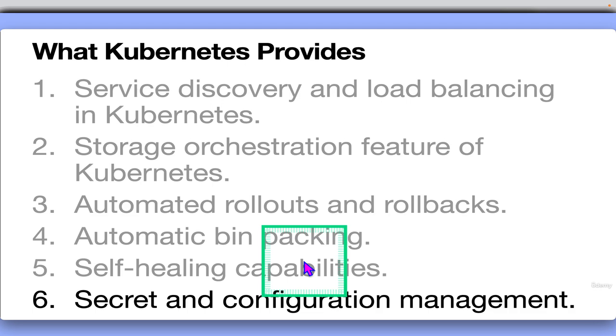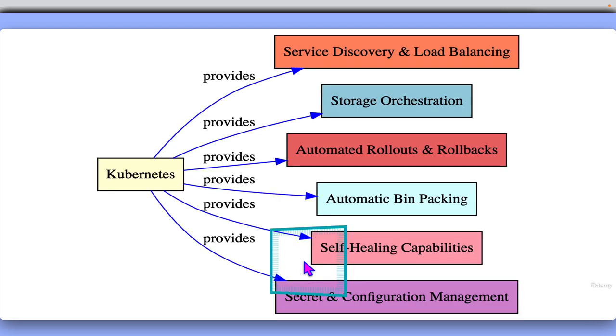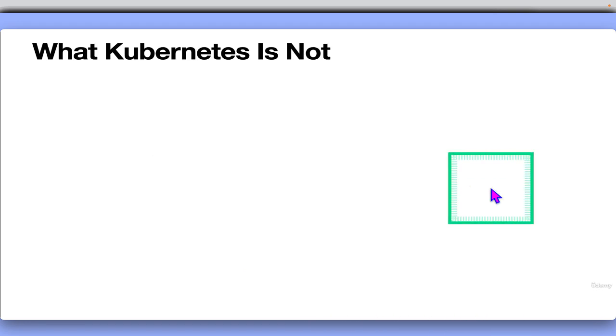It allows you to deploy and update secrets and application configuration without rebuilding your container images and without exposing secrets in your stack configuration. So these are the benefits: service discovery and load balancing, storage orchestration, automated rollouts and rollbacks, automatic bin packing, self-healing capabilities, secrets and configuration management.